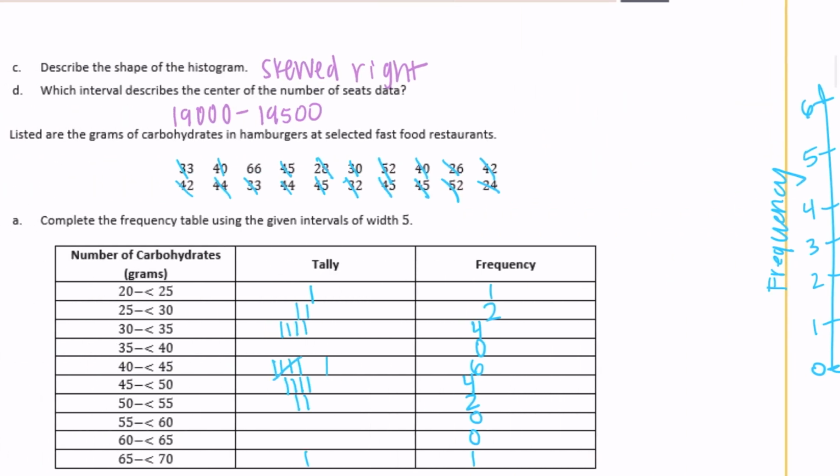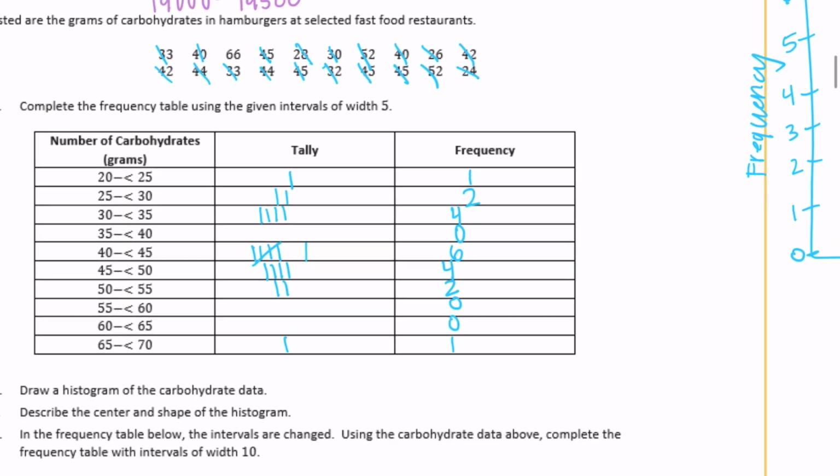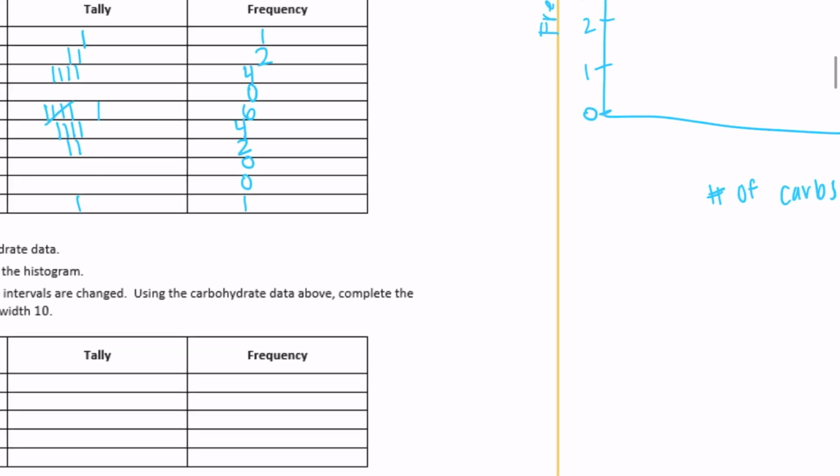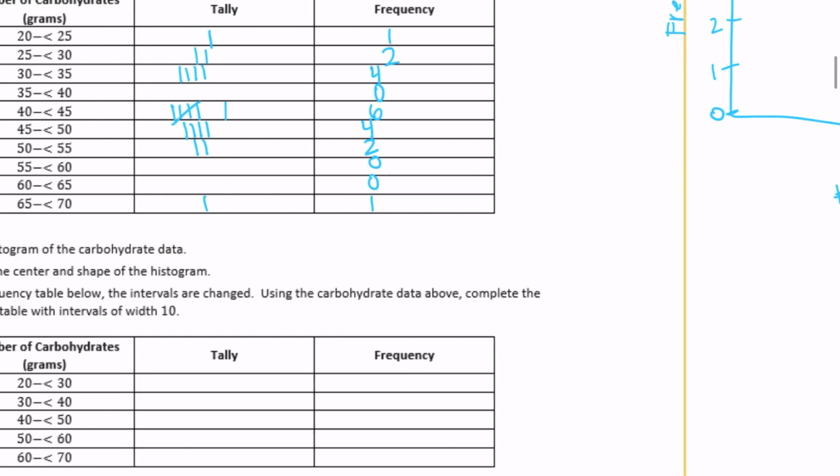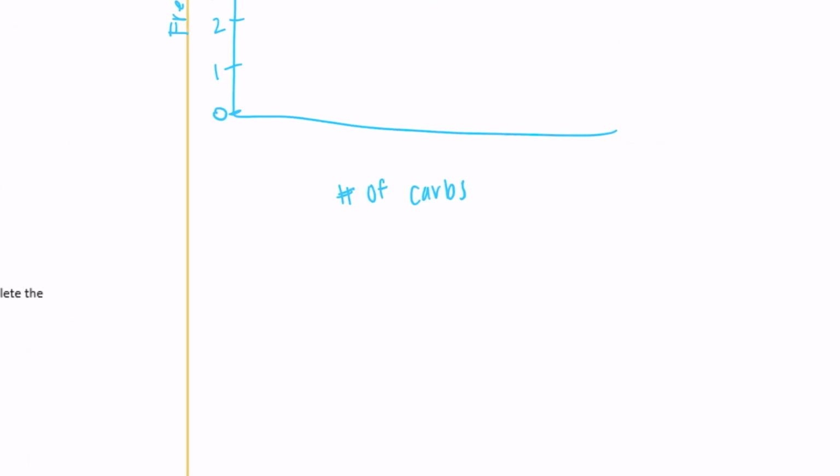And then we have 20 to 25, 25 to 30, 30 to 35. So we're just going up by 5s all the way to 70. I'm going to start at 20. So 20, 25, 30, 35, 40, 45, 50, 55, 60, 65, 70.